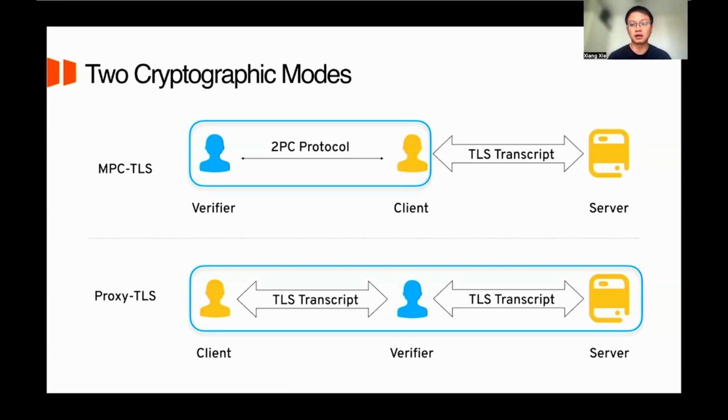In this case, the server cannot tell the difference whether it's an MPC simulated client or a real client. In the proxy model, the verifier sits between the client and the server and forwards the TLS transcripts between them. So the verifier just watches and records the ciphertext between the client and the server.